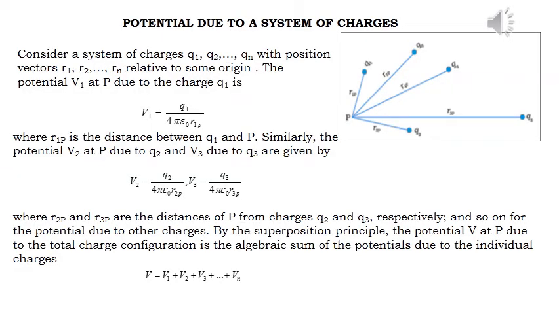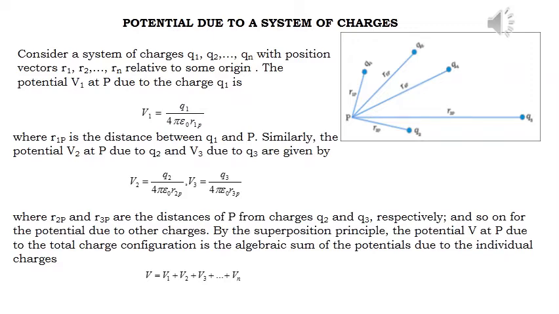If we consider the potential due to a system of charges, a system containing more charged particles as shown in the figure, consider a system of charges q1, q2, q3 up to qn with position vectors r1, r2, r3, rn relative to some origin.